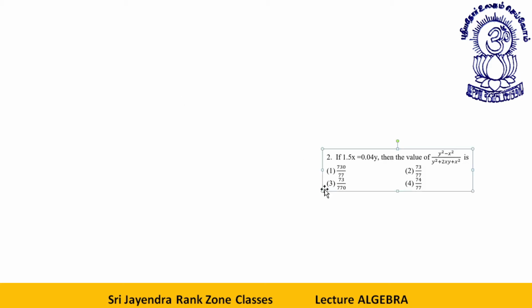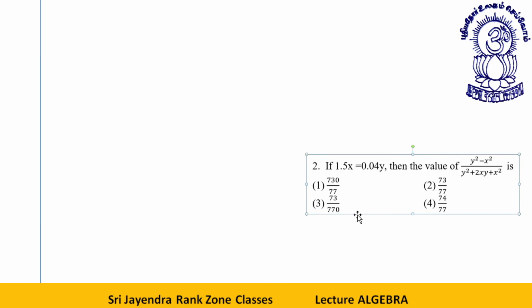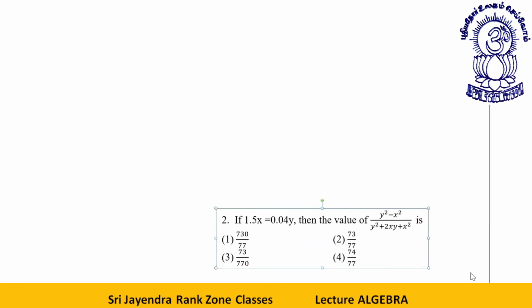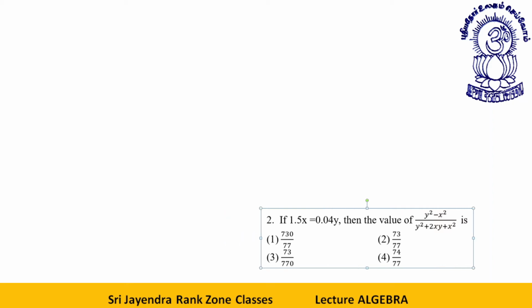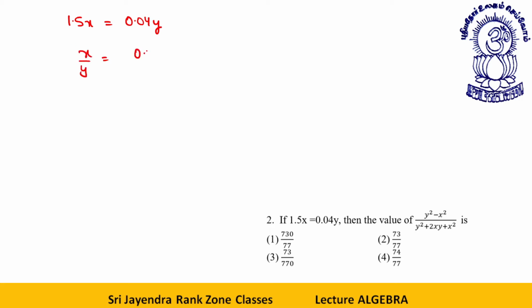Now what we need to find is... we are given 1.5x is equal to 0.04y, or I can say x by y is equal to 0.04 over 1.5.